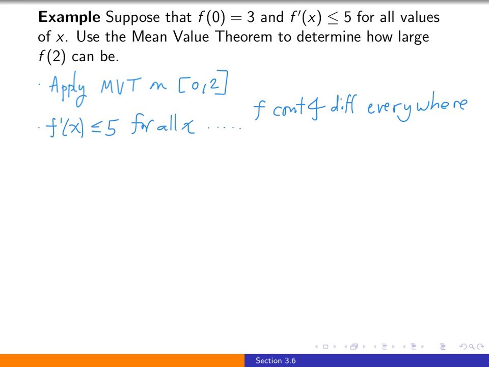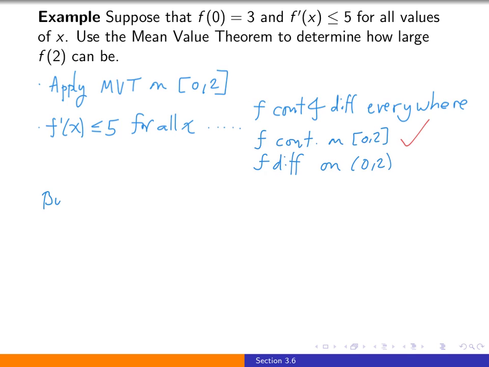Right? Because if it was not continuous and differentiable everywhere, we couldn't say that it's always less than or equal to 5. So specifically in terms of our problem, we can note that f is continuous on 0 to 2 closed, and f is differentiable on 0 to 2 open. So this tells us that we can apply the mean value theorem.